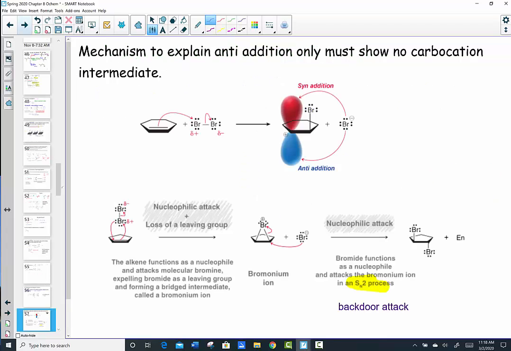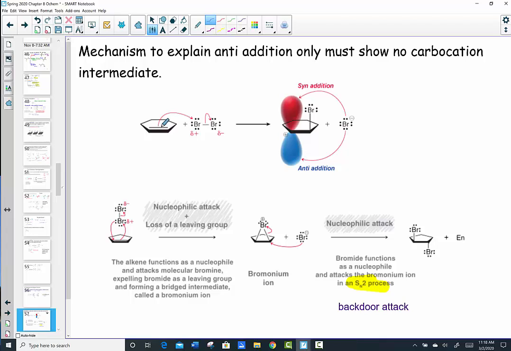The mechanism to explain the anti-addition shows no carbocation intermediate. So very similar to how our borane, the BH3, formed a bridge, as did the mercury compound, we're going to see the same sort of mechanism for the halogen.